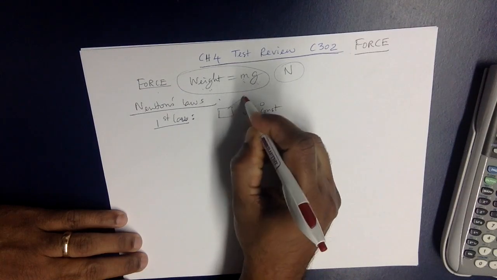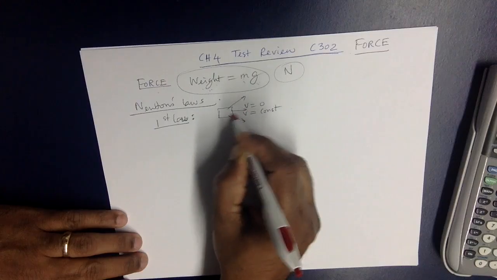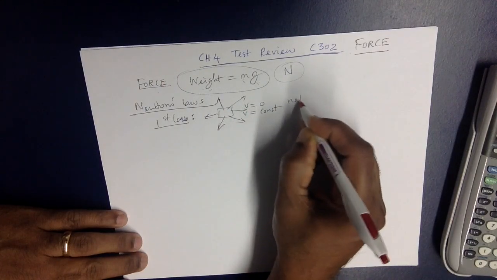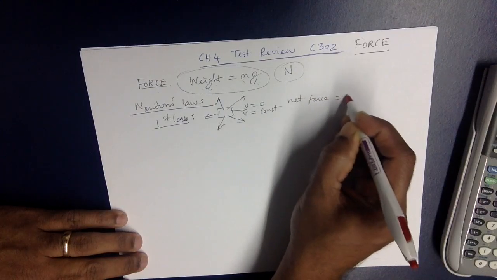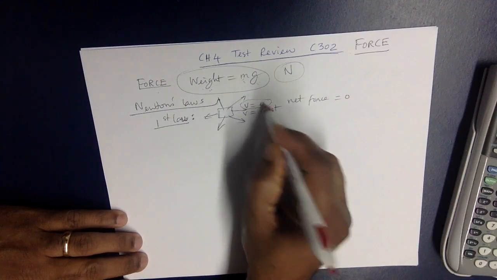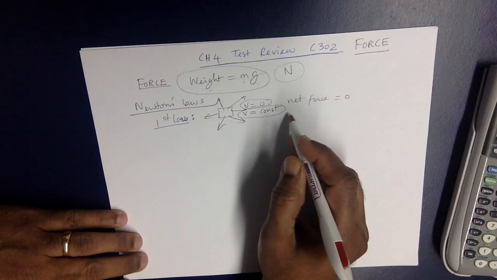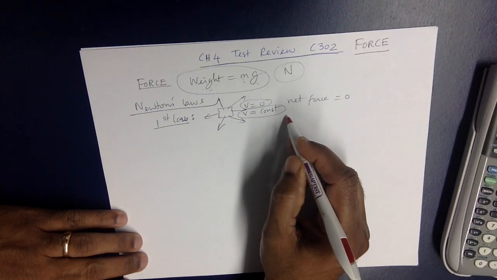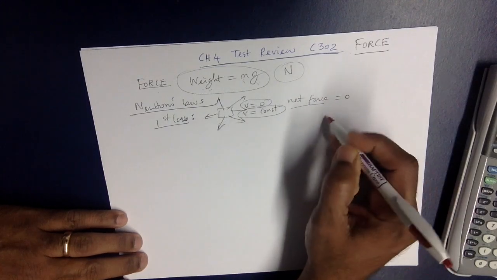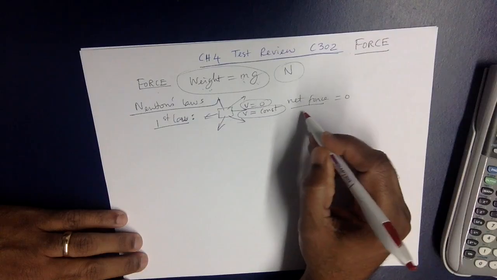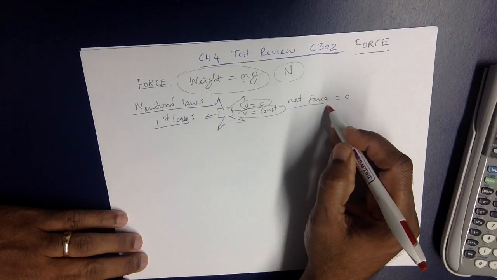That is what will happen if you have many forces acting, but the net force is zero. If the net force is zero, then it can be at rest or it can be moving at a constant velocity. Okay. If the net force is zero, we also call it equilibrium. So the word equilibrium implies net force is equal to zero.